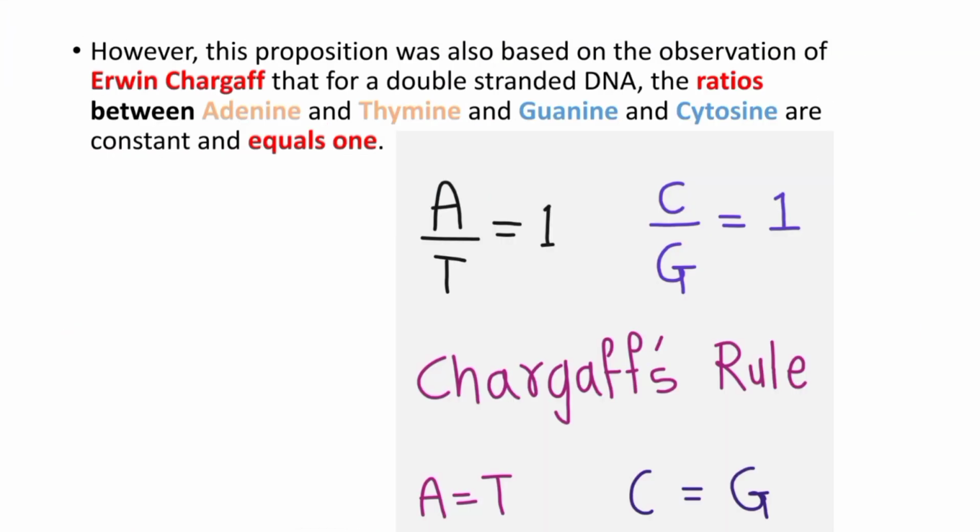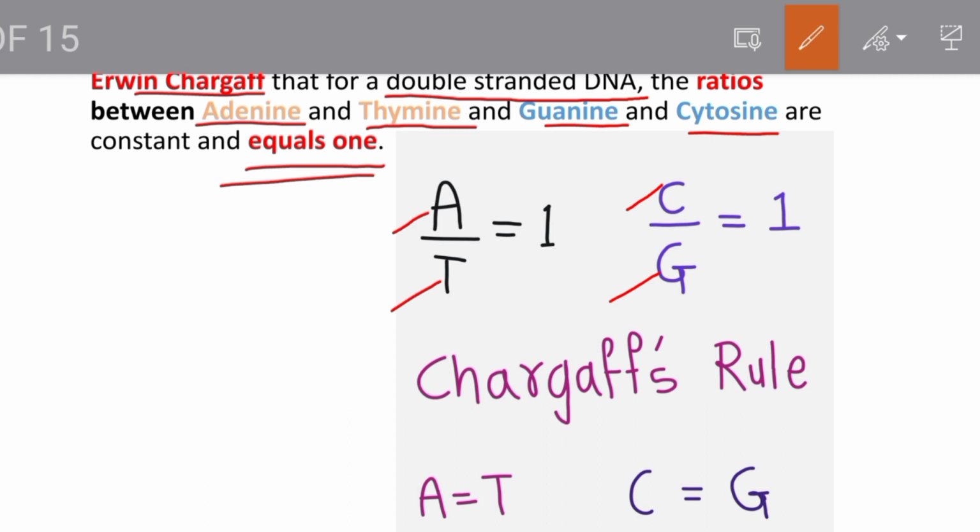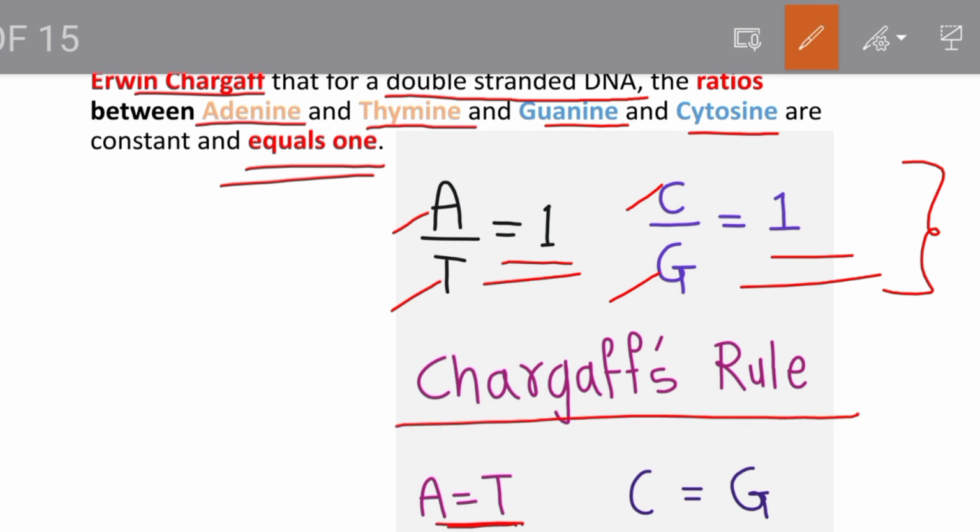So, according to Chargaff, for a double-stranded DNA, the ratios between adenine and thymine and guanine and cytosine are constant and equals to 1. So this is Chargaff's rule. Now this rule you can also remember it as A is equal to T and C is equal to G.